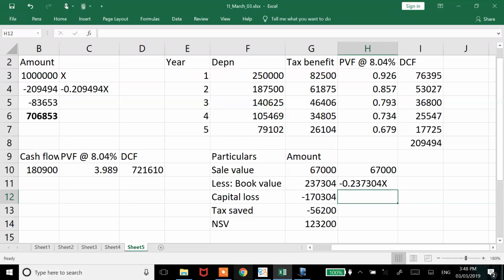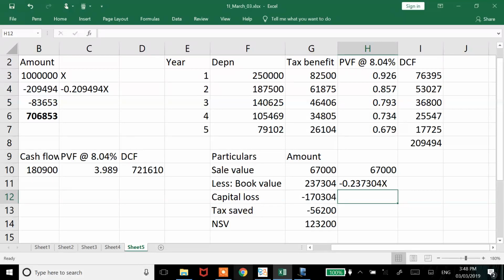then the present value of depreciation benefit is 0.209494x. Any doubts on this? Clear?